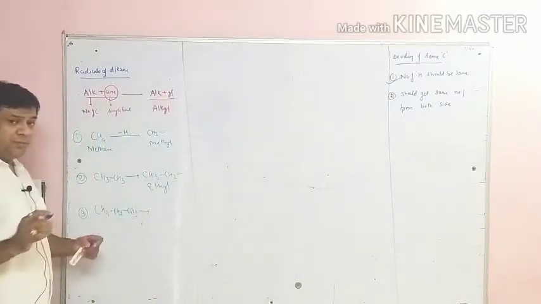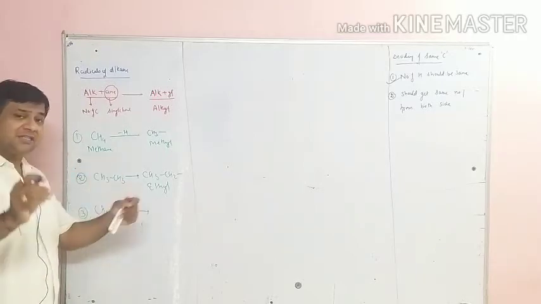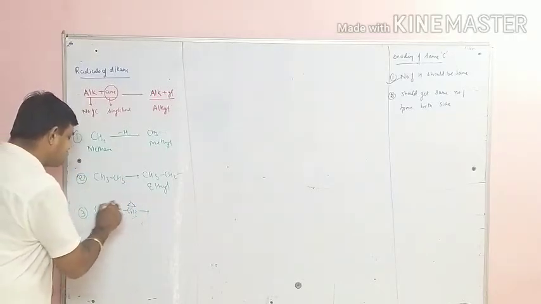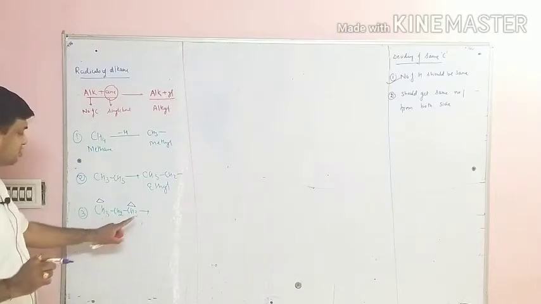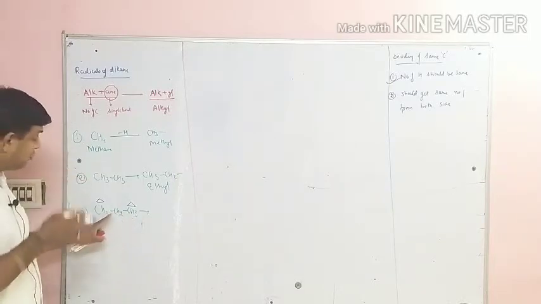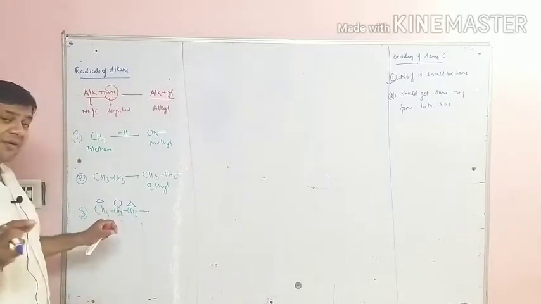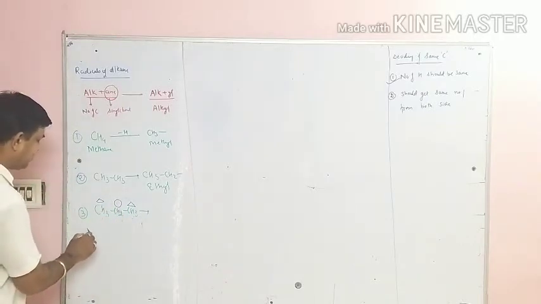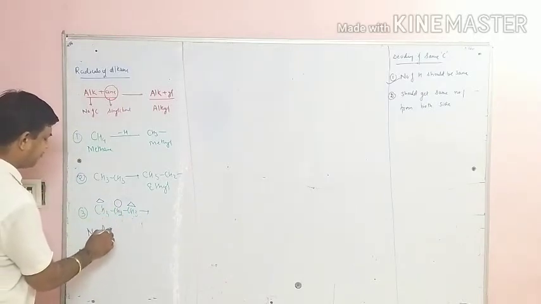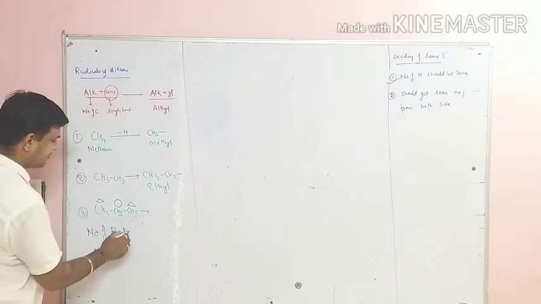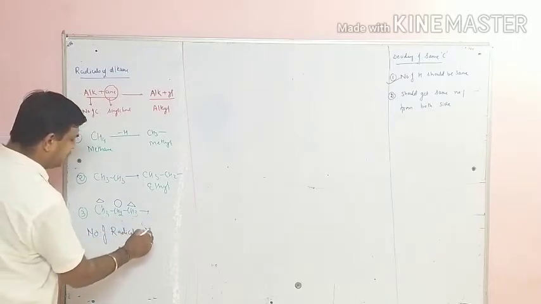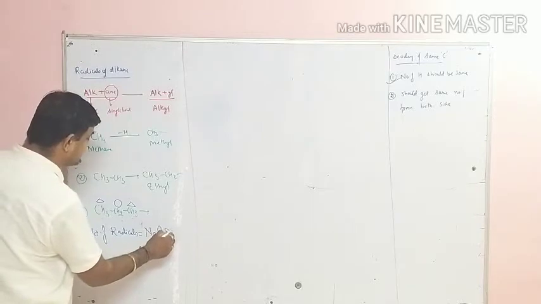So what we do is, those carbons which are similar, we give them the same sign. I have put a triangle. This triangle represents that both the carbons are the same and this carbon is different, so we give it a different sign. Now students, it's a very simple trick. Number of radicals is equal to the number of different signs.